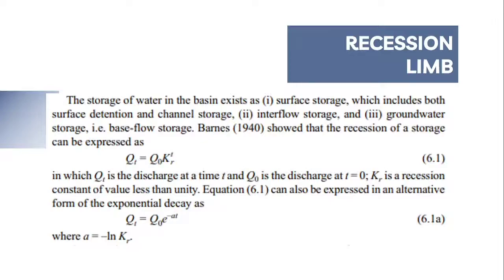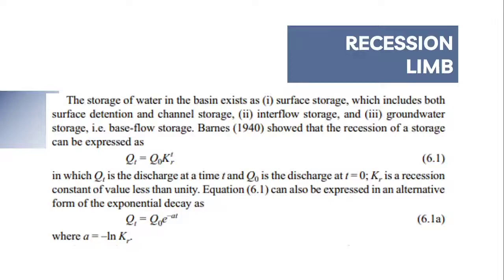Barnes, 1940, showed that the recession of a storage can be expressed as Q sub T equals Q naught times K sub R raised to the power of T, in which Q sub T is the discharge at a given time T, and Q naught is the discharge at time 0. K sub R is a recession constant of value less than unity.